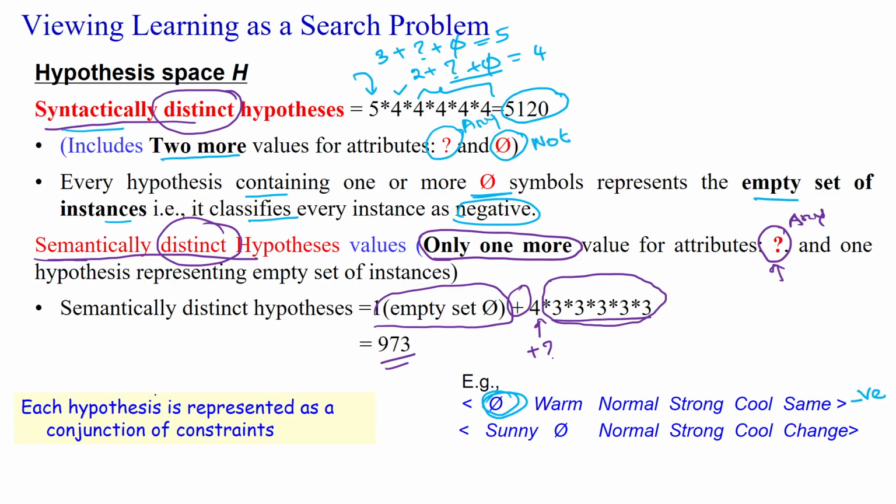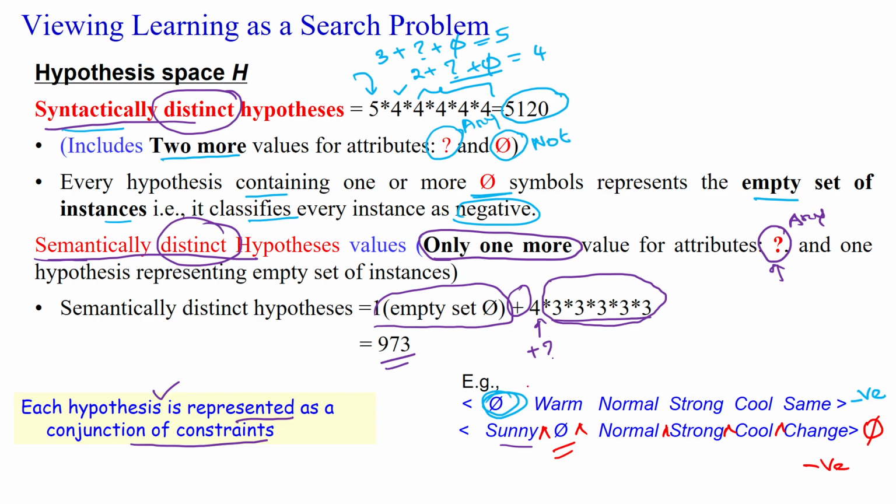So here every hypothesis is represented as a conjunction of constraints. That means suppose you have this one: Sunny is conjoined with null, null is conjoined with normal, normal is conjoined with strong, then conjoined with cool, conjoined with change. So when there is an empty value, automatically everything will become empty, so that means a negative sample.